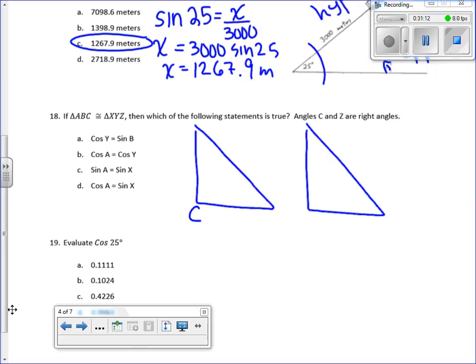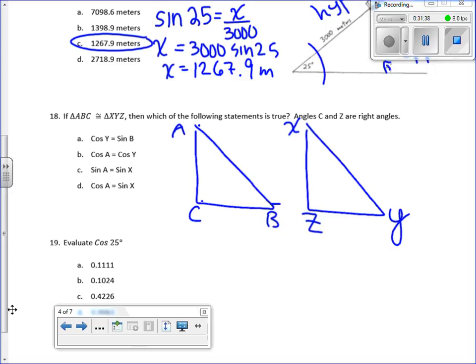I know C and Z are the right angles, so that tells me that I can put my A here, my B here. It doesn't matter. The A and the B could be switched, right? Or could they? So this could be A, that could be B, that could be C, and so on. But I'm going to put my X here and my Y here so that they're in the same order.